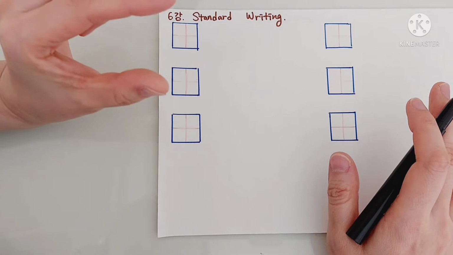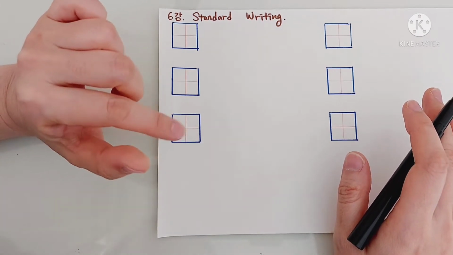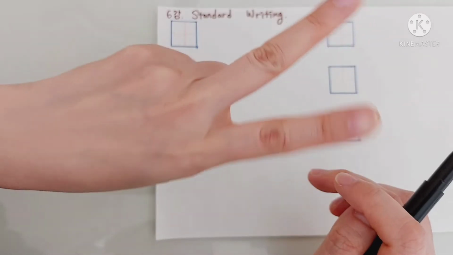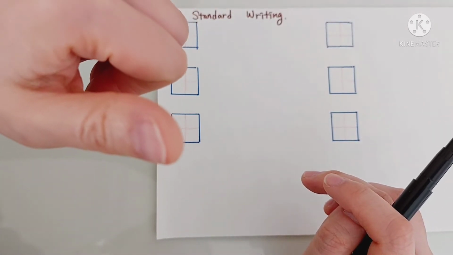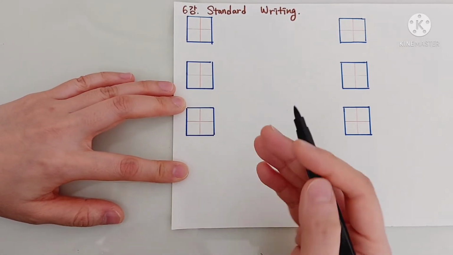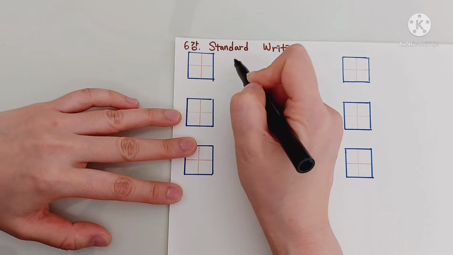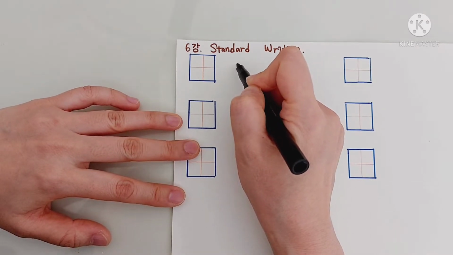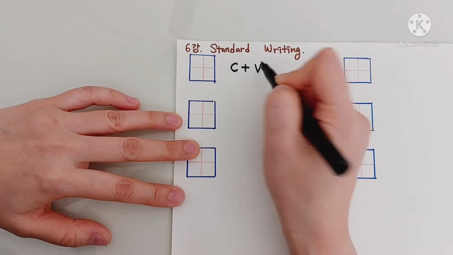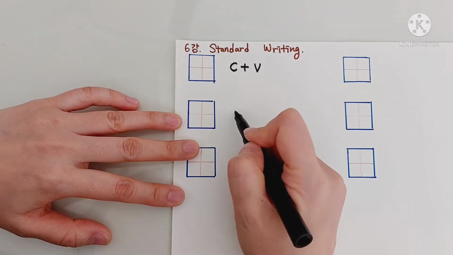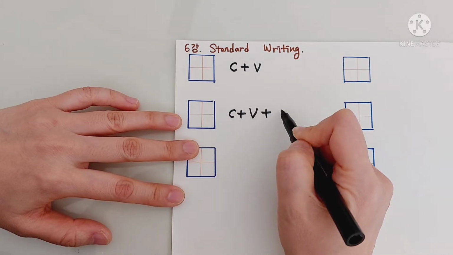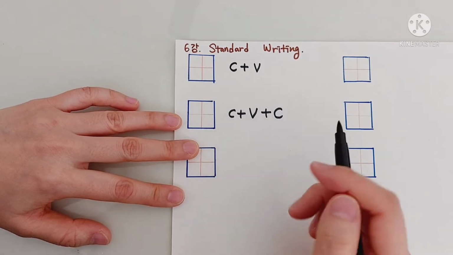Normally one syllable, one sound, is made with at least two alphabet letters. I mean consonant and vowel. So consonant, 자음, and vowel, or consonant, vowel, and consonant, so three letters.